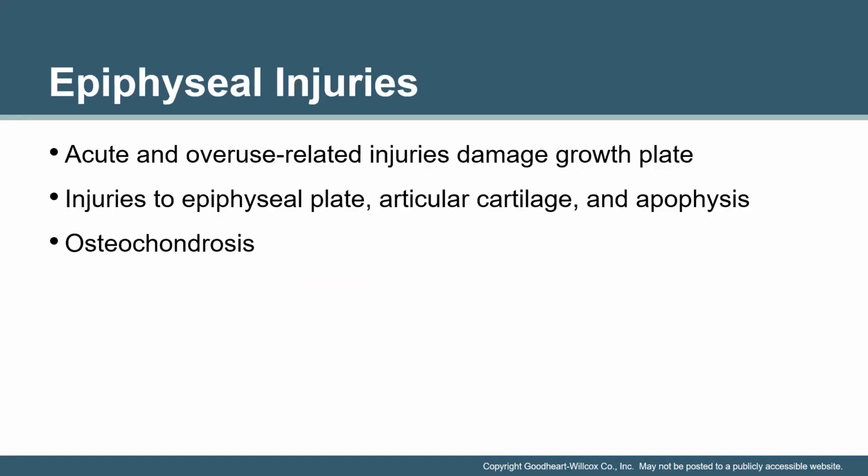When we look at epiphyseal injuries, these are related to acute and overuse related injuries where that epiphyseal growth plate gets damaged. If we do that, we're really going to impair not only the growth plate itself and the way that it heals, but the ability for the bone to grow in an appropriate way can be a potential risk there.